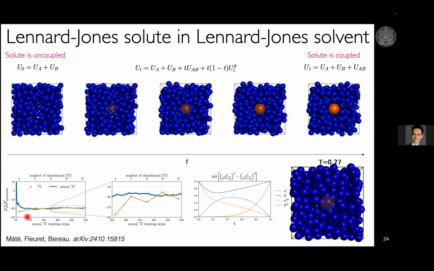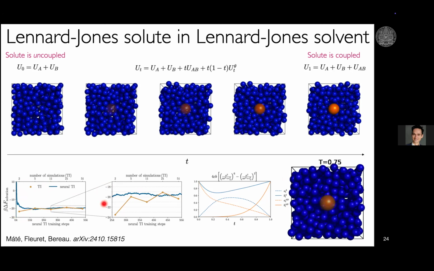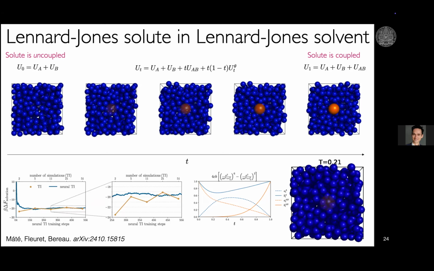And so this is a comparison of this free energy difference of solvation. The orange one is the traditional method, and then in blue here we have our neural network. One thing we can also look at is how we have to soften the interactions between these different particles.